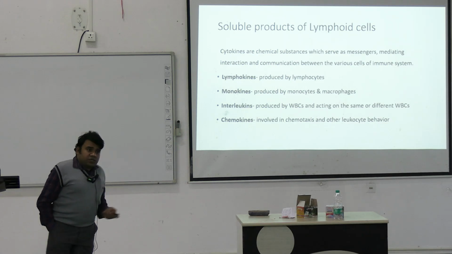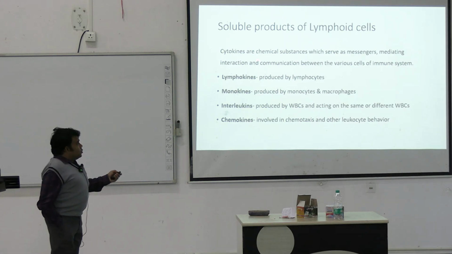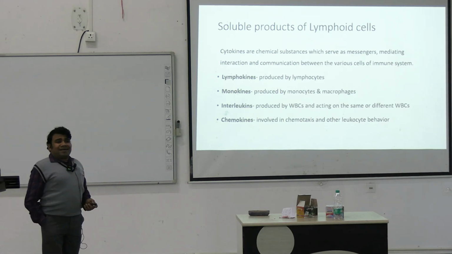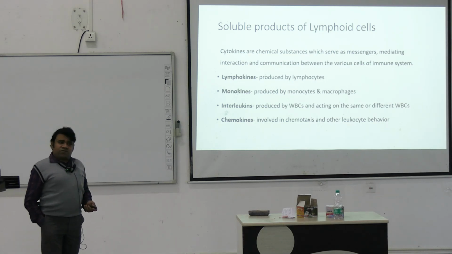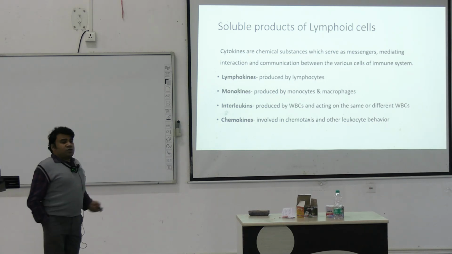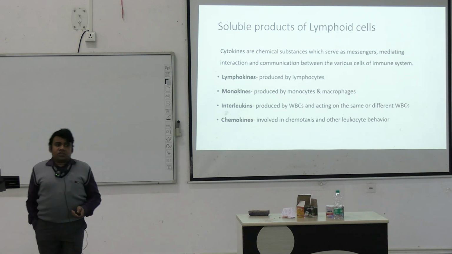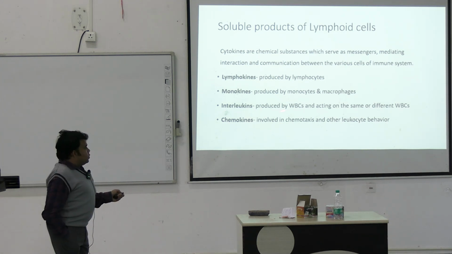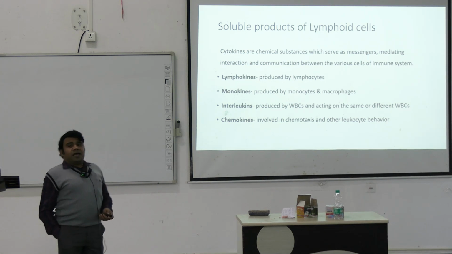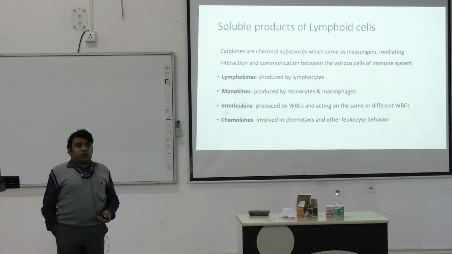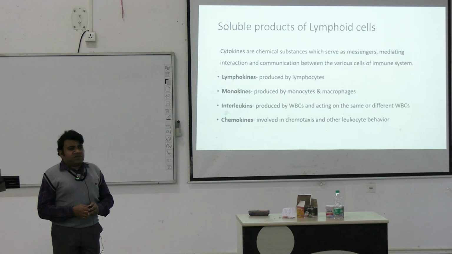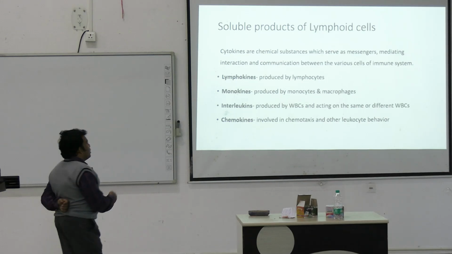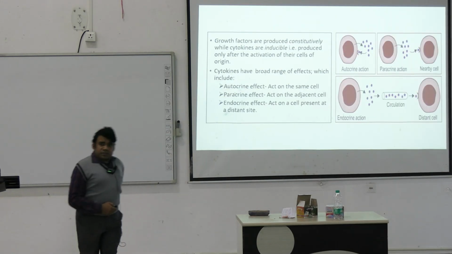This communication is mediated by some soluble chemicals which are classified as lymphokines when produced by lymphocytes, monokines when produced by monocytes or macrophages, interleukins produced by WBCs, and chemokines which will lead to movement of various cells from the vessels or into the vessels. All those are collectively called cytokines.